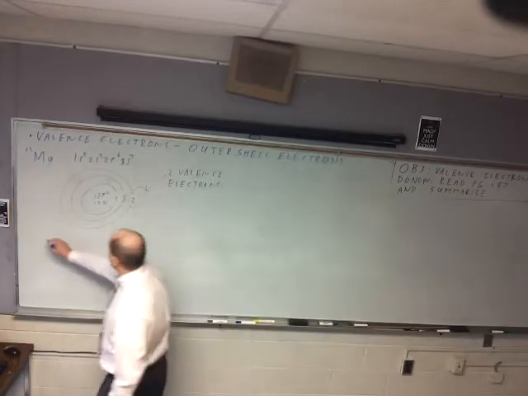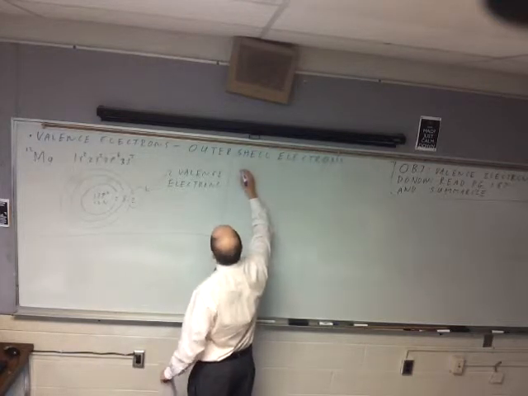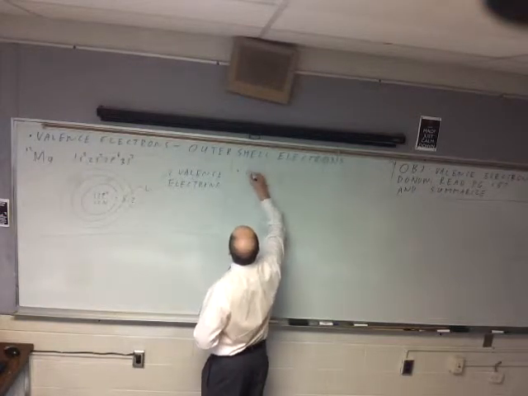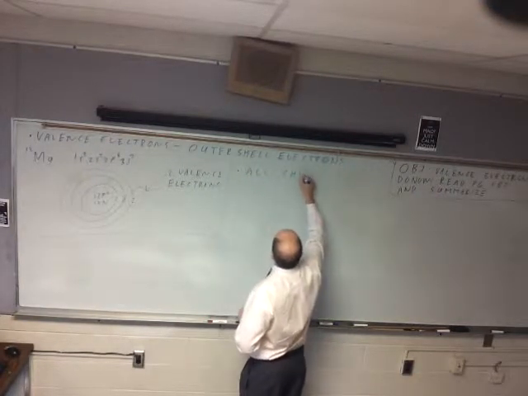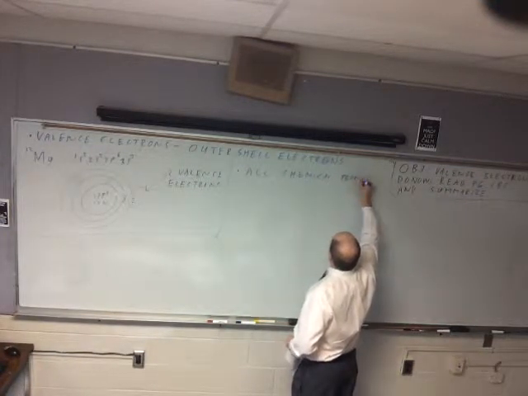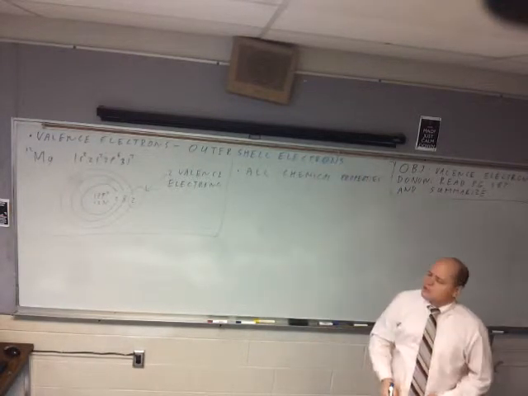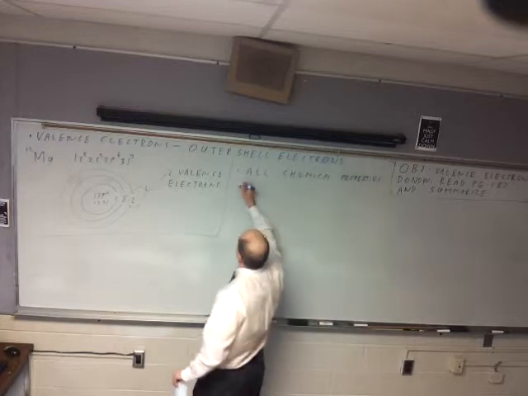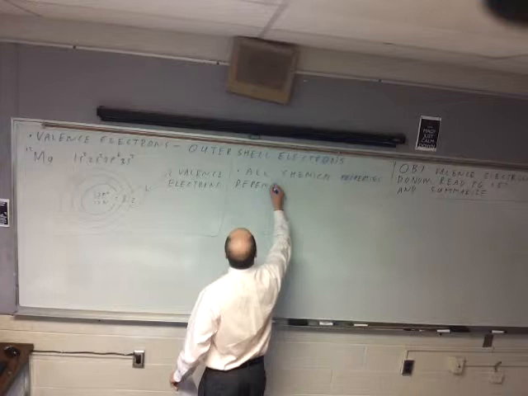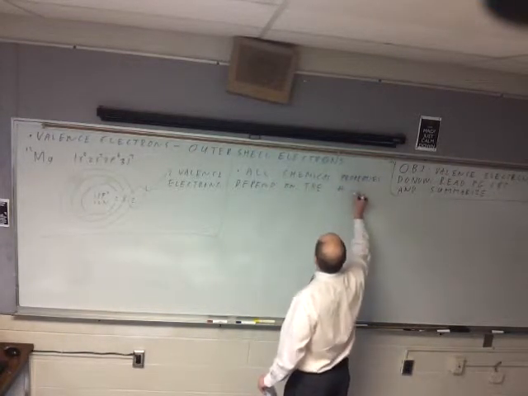So why do we care about valence electrons? That's the real question, right? So, basically, all chemical properties, or more or less all of them, just about all of them, depend on the number of valence electrons.